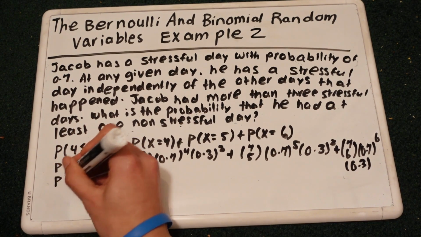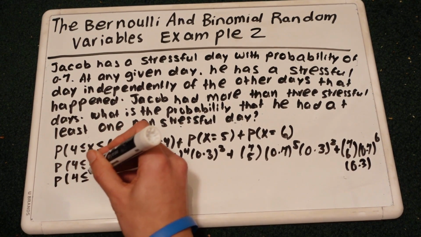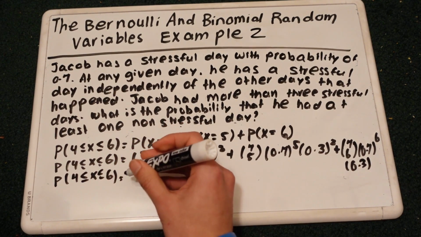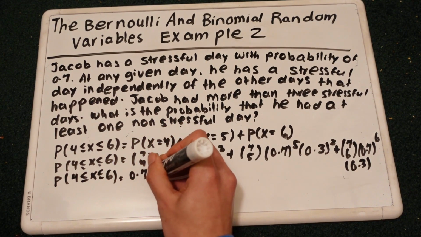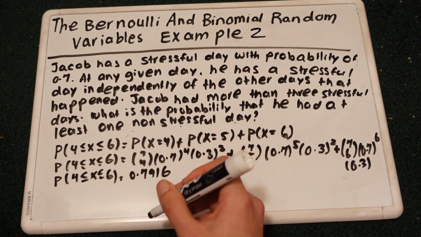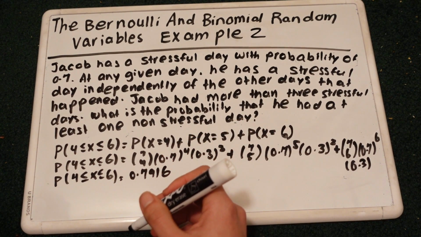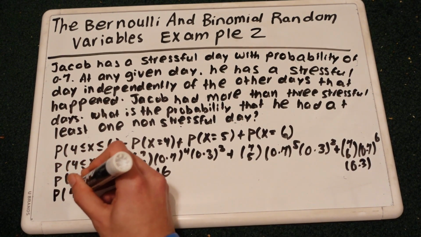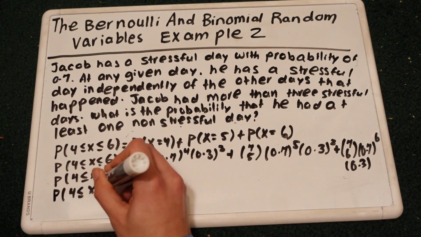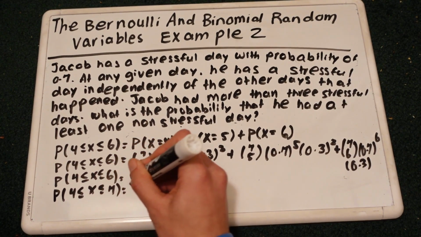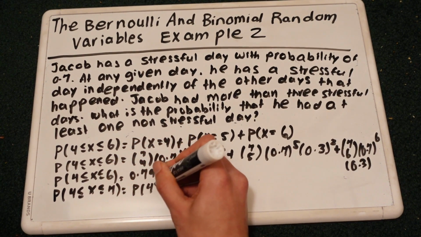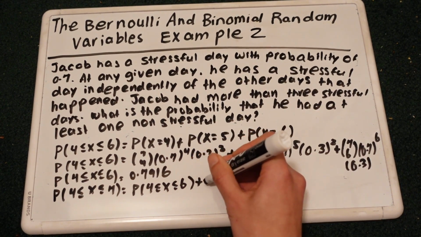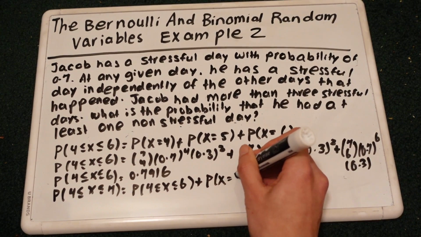Simplifying from here, we get the probability of X between 4 and 6. This would be 0.7916. And now let me work with the denominator, the probability of X between 4 and 7. That's really just the probability of X between 4 and 6 plus the probability of X equal to 7.